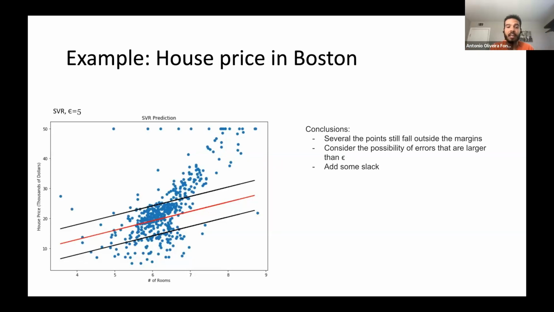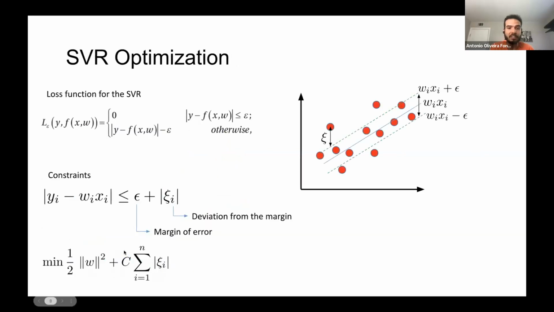And the strategy here is essentially to add some flexibility to it by incorporating how much deviation from the margin you're willing to accept. That tells you how much you're willing to take these points outside of the margin.